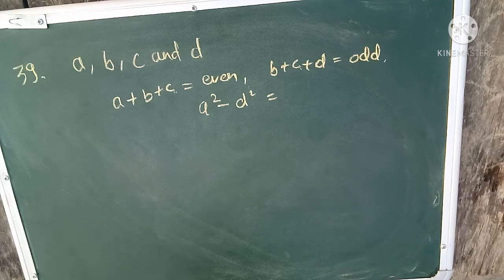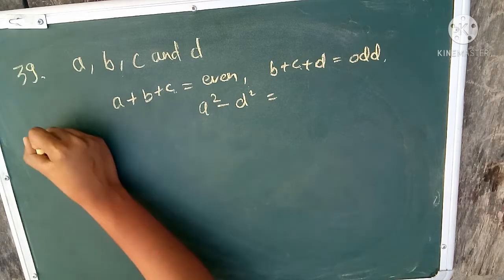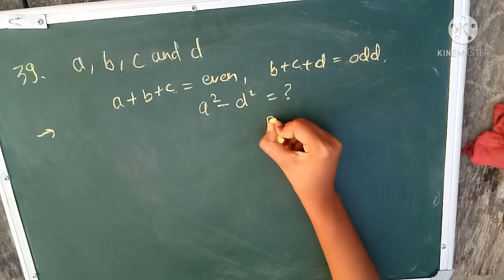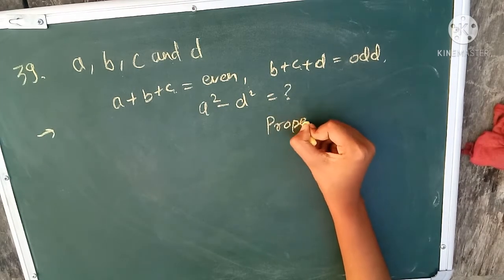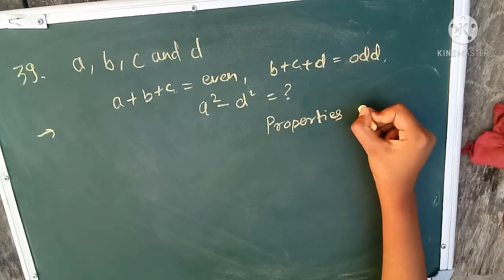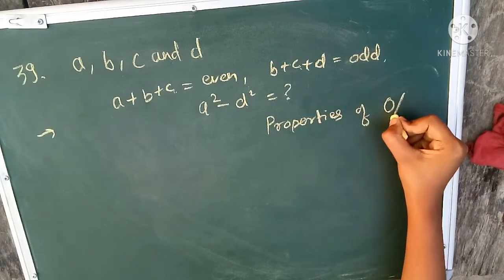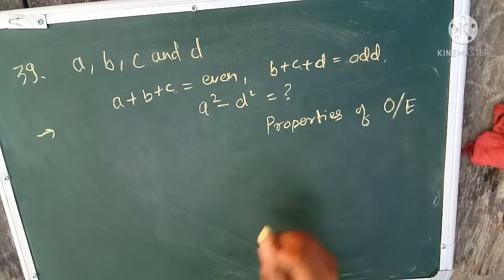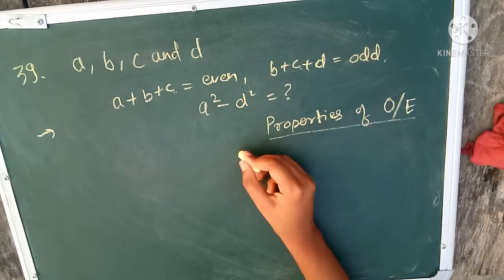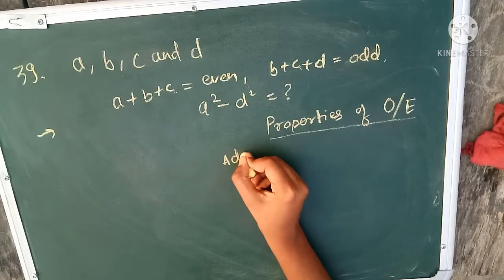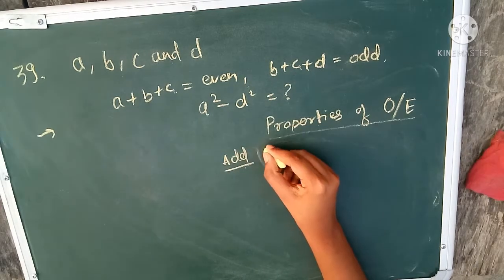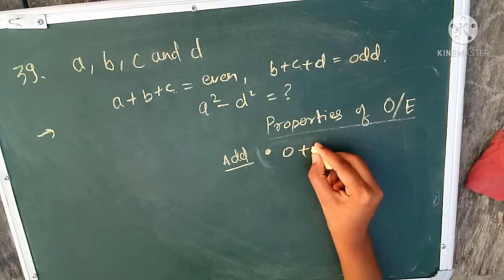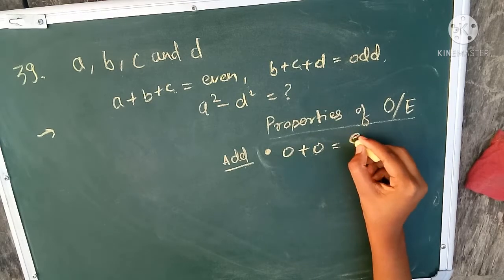Before we solve this question, we need to discuss some properties of odd and even numbers. Let us say O for odd and E for even. In terms of addition: if we add two odd numbers, we get an even number.